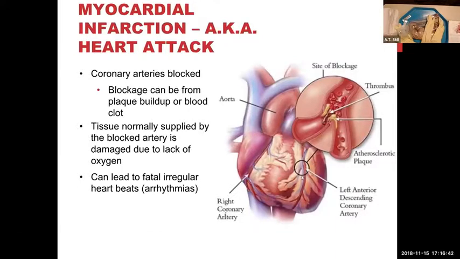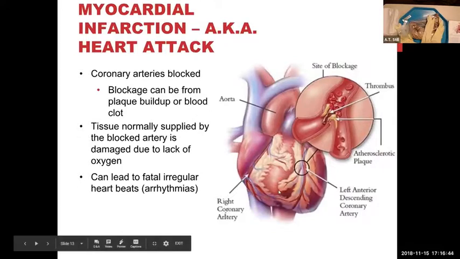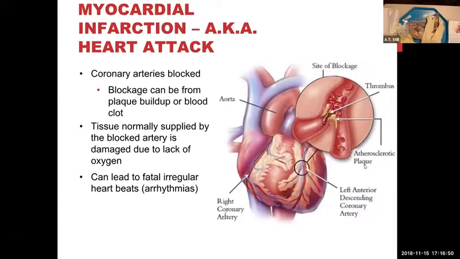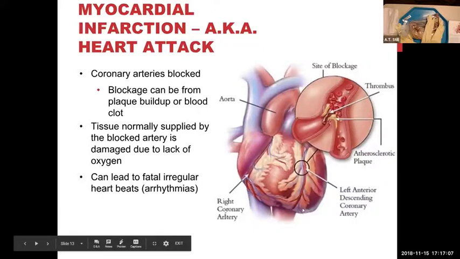So none of this tissue is going to function properly, and therefore the heart is not going to function properly. So this leads to another issue in the heart called an arrhythmia, which is basically an irregularity of the heartbeat because the electrical signal can't get through to all the tissue of the heart, so it can't contract normally.